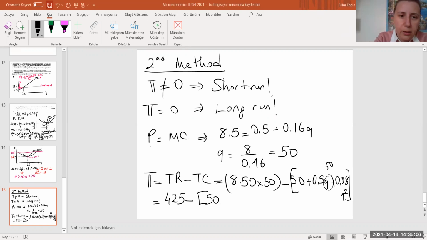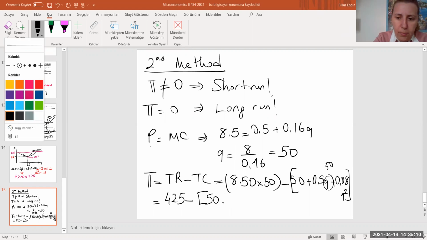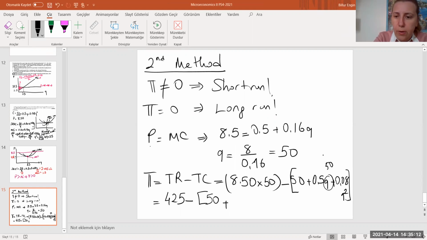50 plus 0.5 times 50, 25 plus 50 square, 2,500 times 0.08, which is 200.